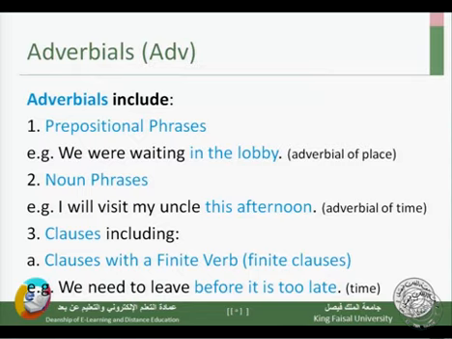So in this case, this is a determiner, and it points. It is a demonstrative. You remember we mentioned these different classifications. So this afternoon, here we have an adverbial of time, and it is a noun phrase.